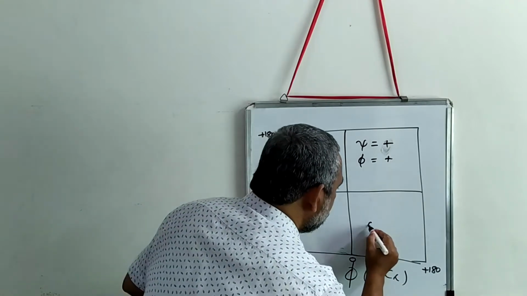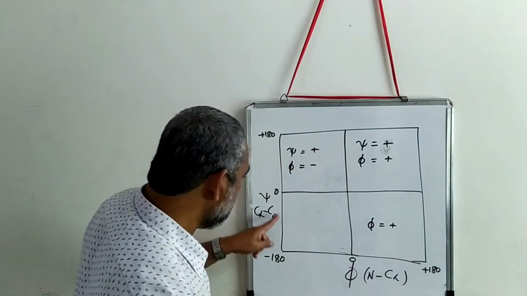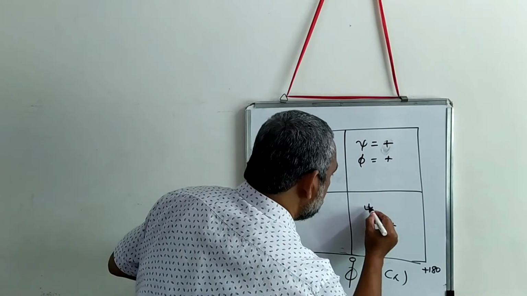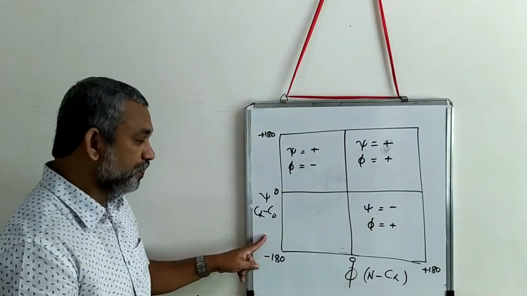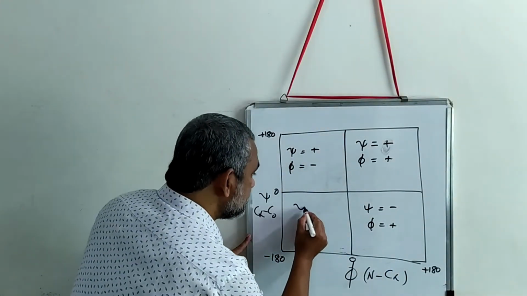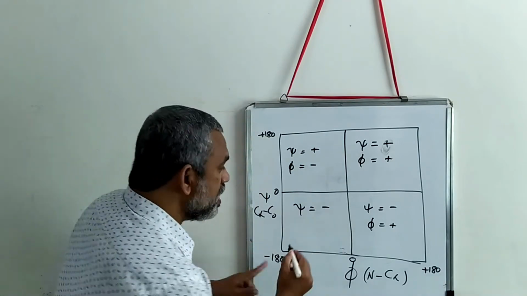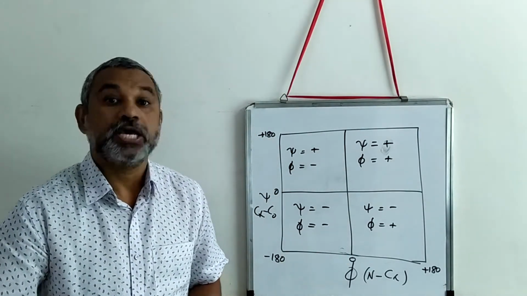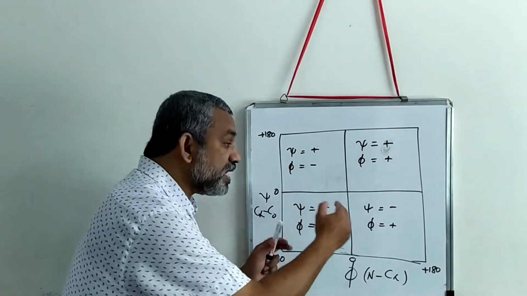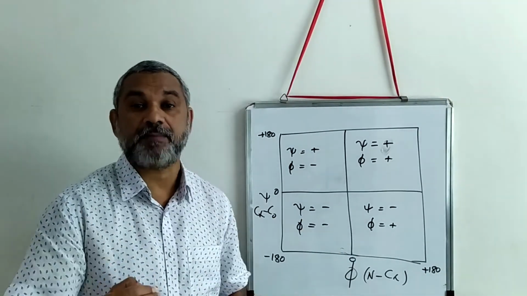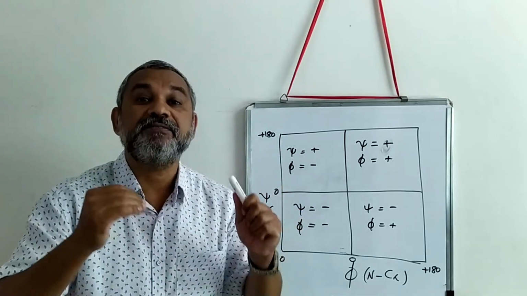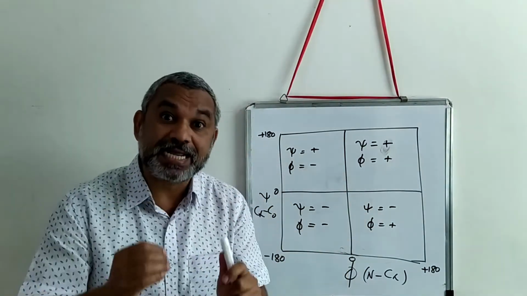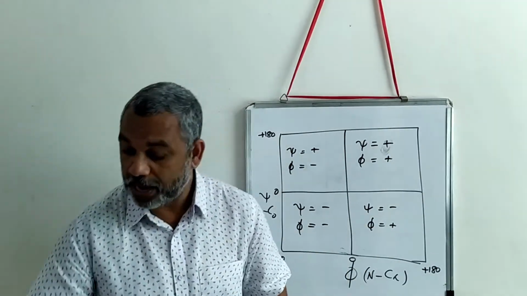Here, phi will be a positive value and psi will be a negative value. Whereas in this case, psi will be a negative value and phi is also a negative value. This is very important, especially when we are solving questions based on the Ramachandran plot. If you are given a value, you should be able to predict where it will fall.